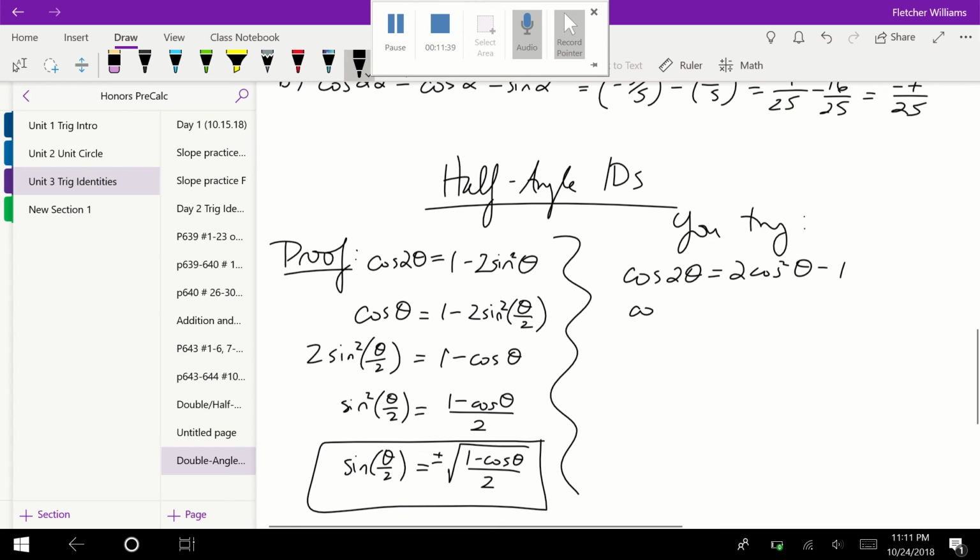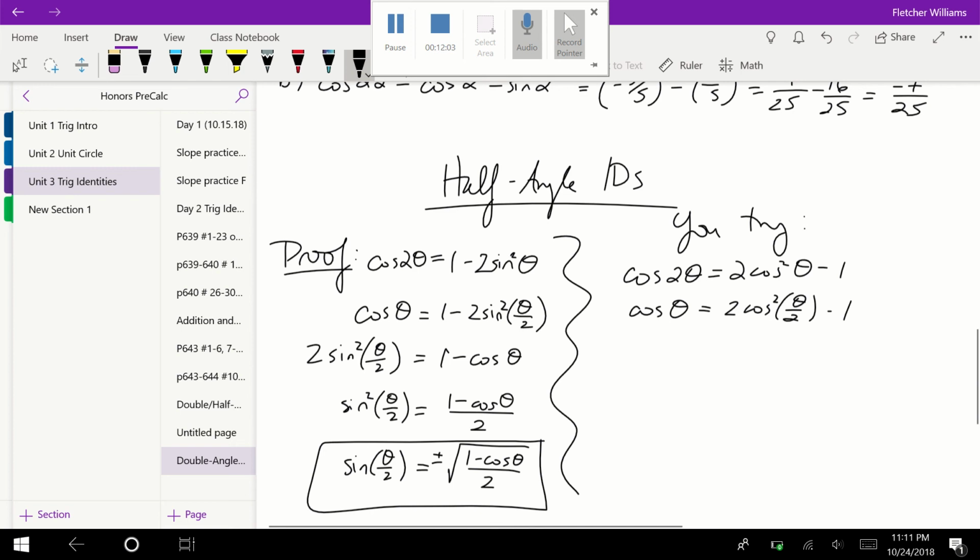Okay, so you would substitute theta over 2 for theta and get this equation. Do like we did with sine on the left, so we're trying to get cosine theta over 2 by itself.